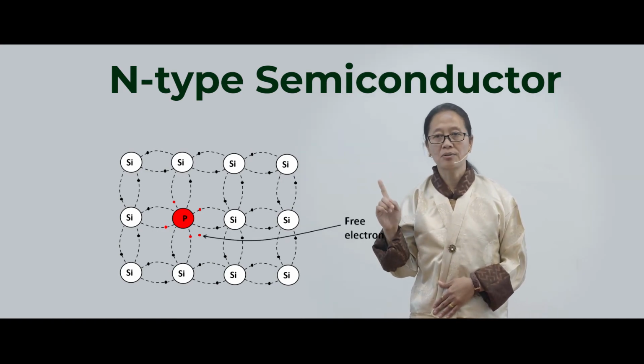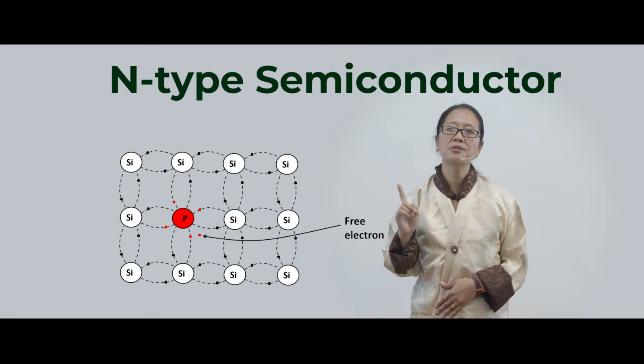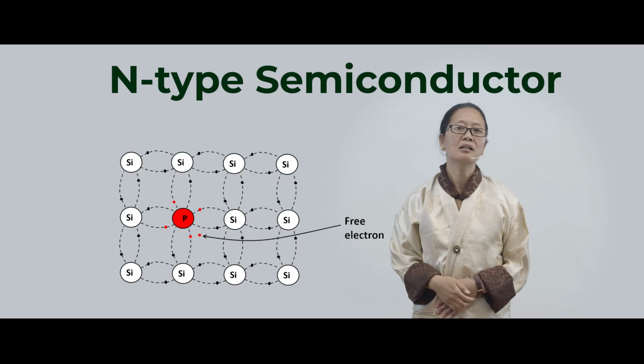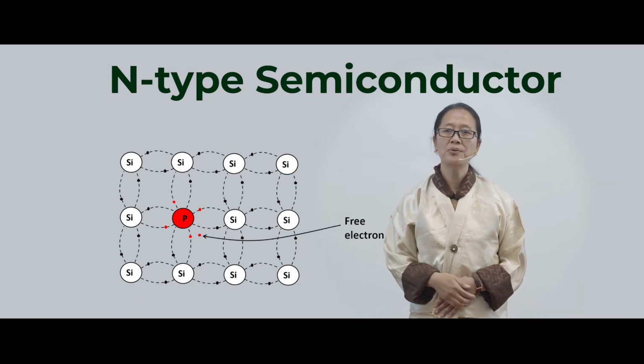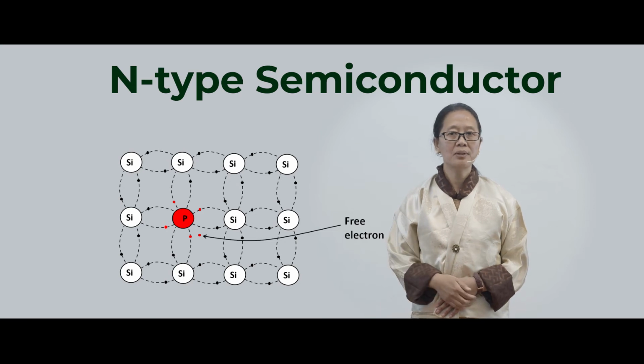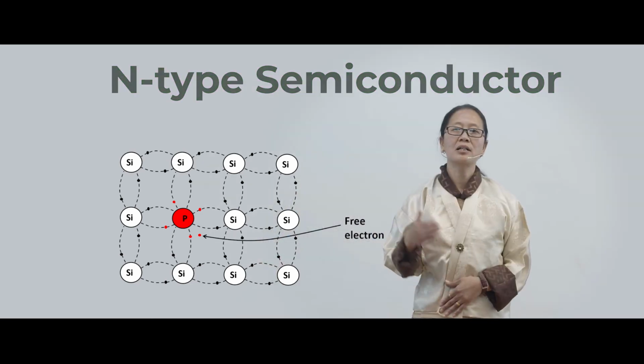This free electron is responsible for the conduction of electric current in n-type semiconductor. So in this manner, if you add more impurities, more surplus electrons will be added in n-type semiconductor, and this helps in the conduction of electric current in n-type semiconductors. Now let's look at the energy band diagram of n-type semiconductor.